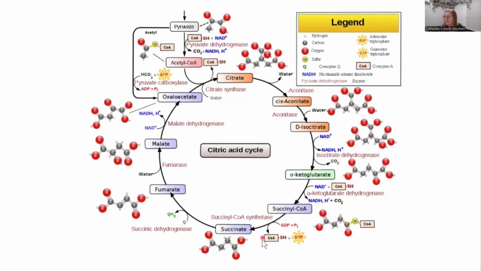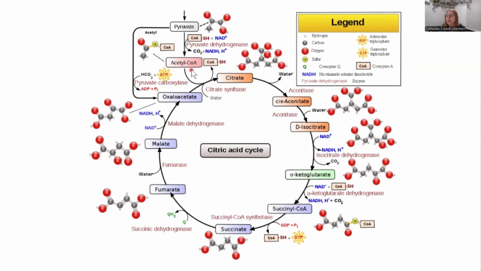And then we get down to succinate, and that one is also catalyzed by an enzyme named for it. And then we move on to fumarate and malate until we regenerate oxaloacetate. Each of those enzymes gives you the name of what it's doing, and I think that's pretty rad. For us, what do we need to know?